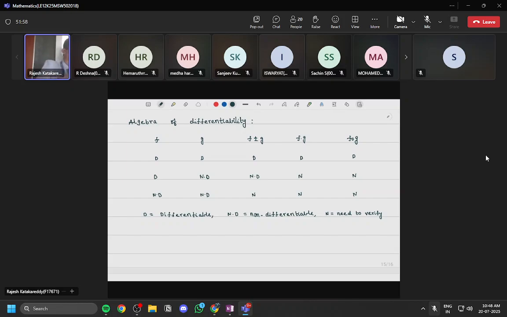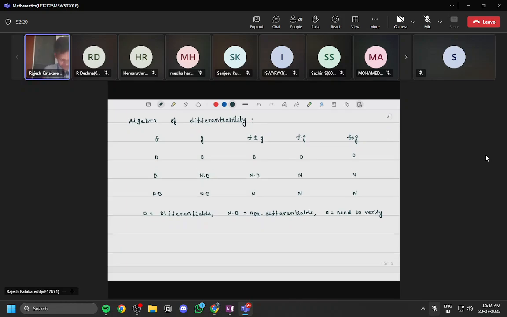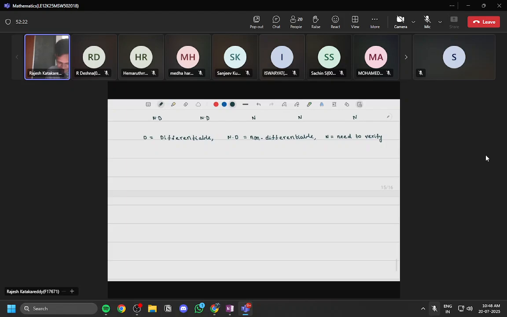One should be differentiable, another non-differentiable, even though the product is differentiable. A simple example: mod x into x we can take, or mod x into minus mod x, right? So we can create it like that, but we need to think about that one. Okay, counter examples we are giving for this.